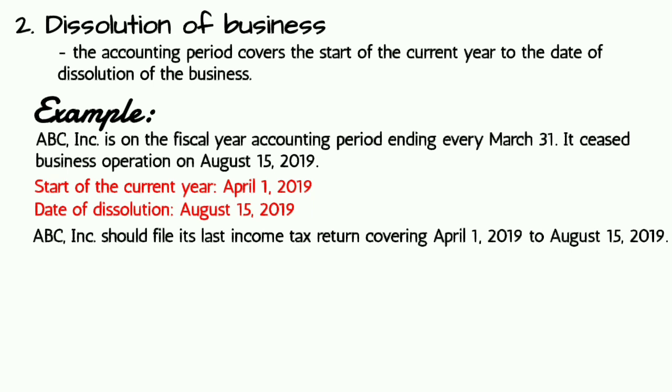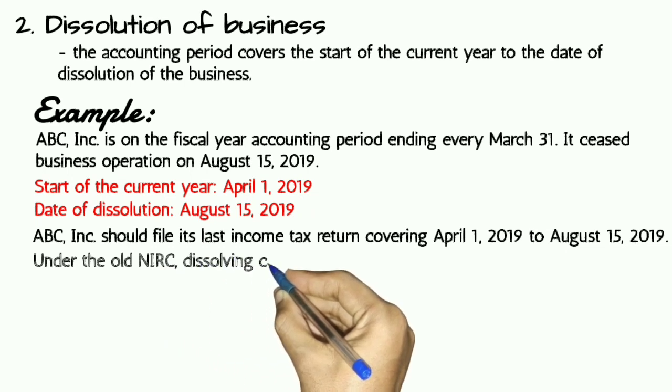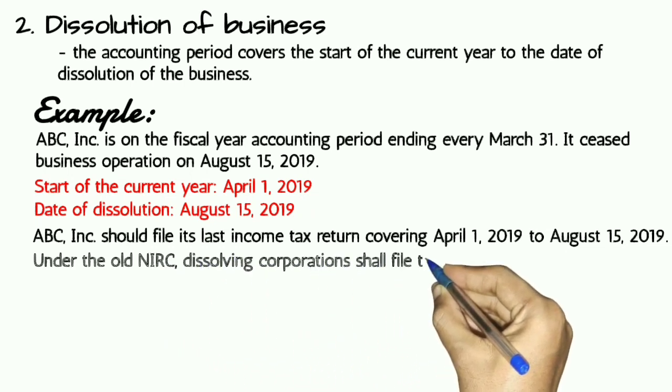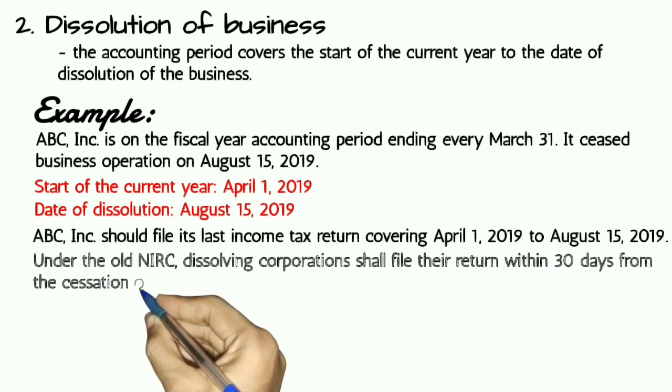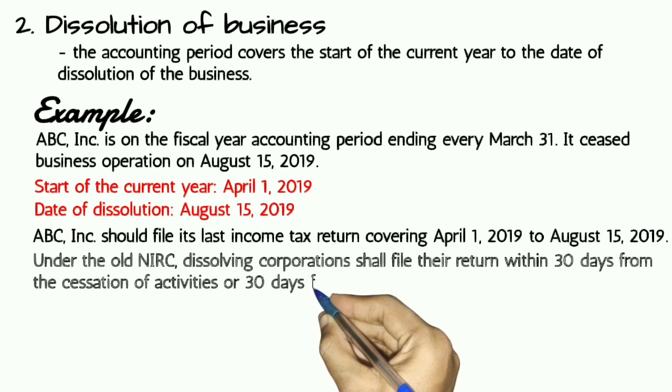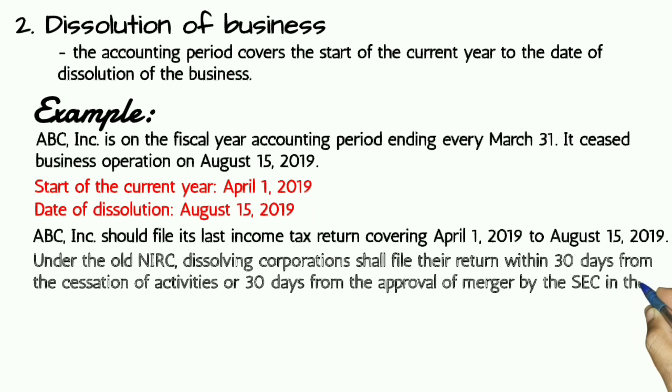In order to answer this question, let us cite an applicable law. Under the old National Internal Revenue Code, dissolving corporations shall file the return within 30 days from the cessation of activities or 30 days from the approval of merger by the Securities and Exchange Commission in the case of merger.